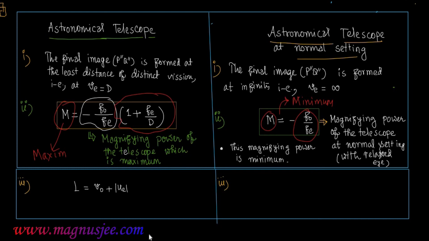Now the length of the astronomical telescope L is VO plus mod UE. On the right hand side, for the astronomical telescope at normal setting, length L is equal to FO plus FE, which is the length of the telescope tube at normal setting, which is the maximum length of the telescope.